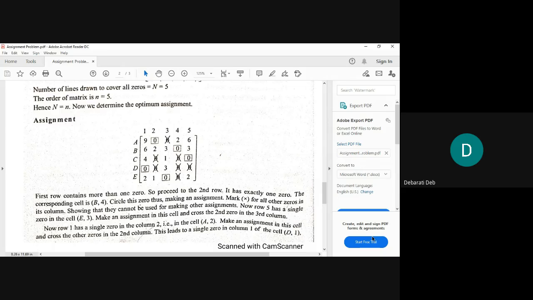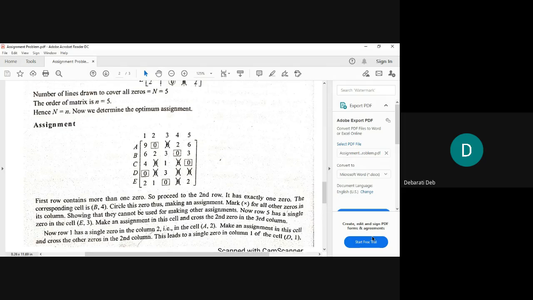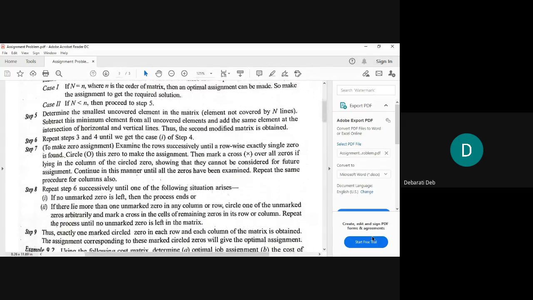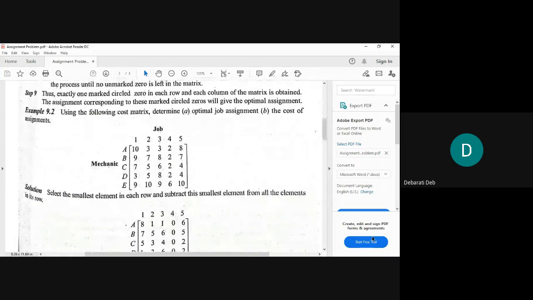Then the corresponding cell is B4, right? Job 4, machine B. Circle this 0, thus making an assignment. When you circle this, you are assigning job 4 to machine B, since jobs were at the top.